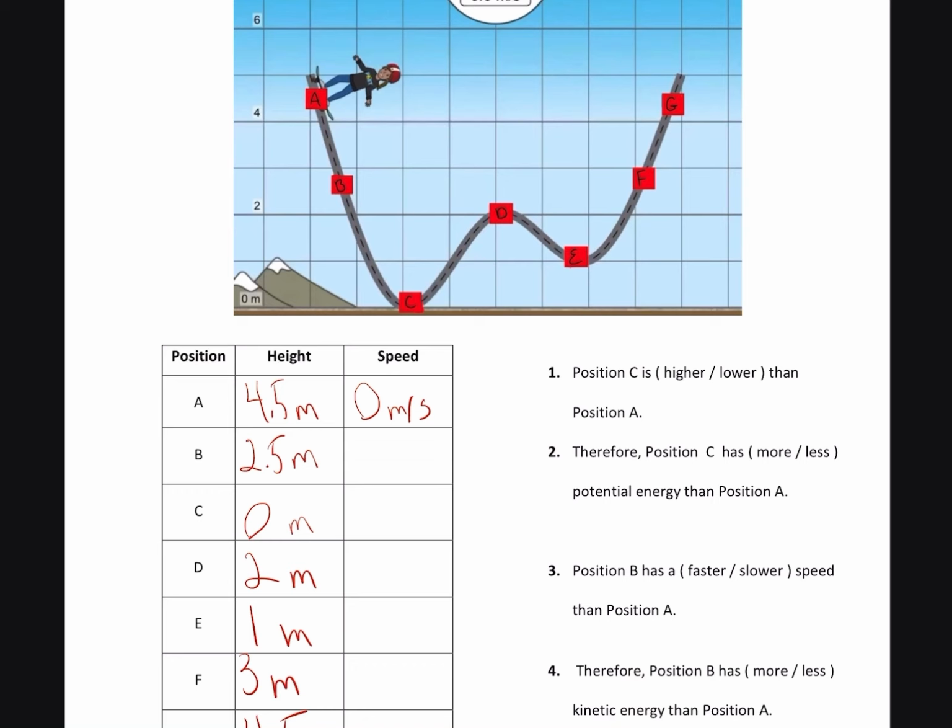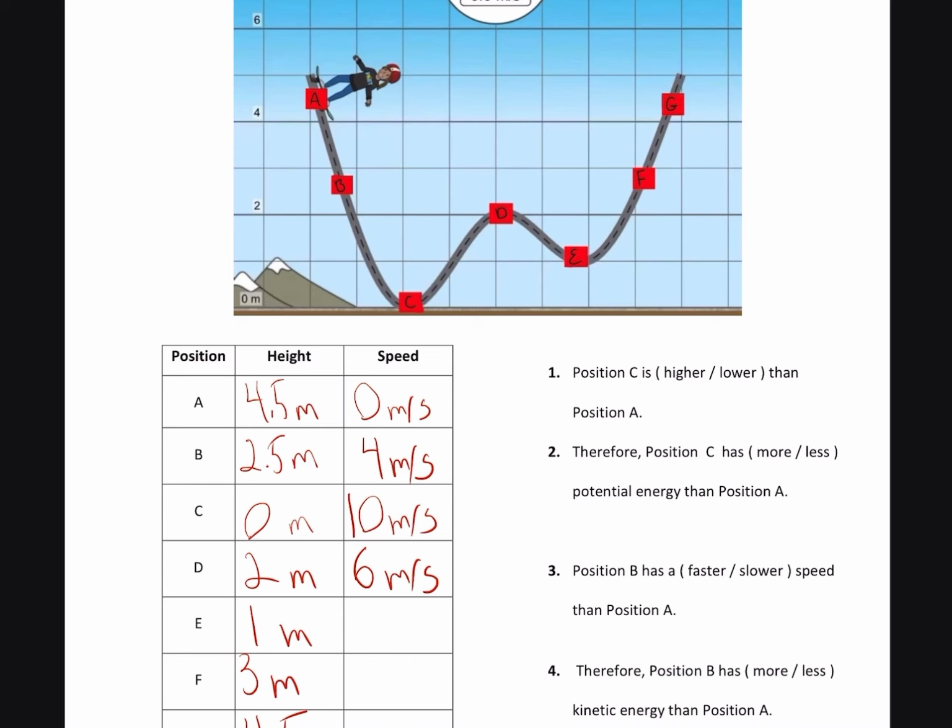At point 2, or B, she's going to be moving at 4 meters per second. C, she's going to be going her fastest. She's at 10 meters per second. When she goes up to D, she's going to be at 6 meters per second.